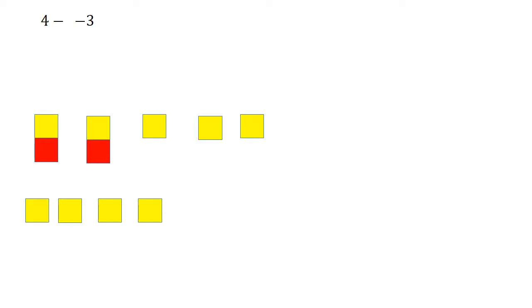And that leaves us with 7 of the yellow tiles on their own. And remember, the yellow tile represents +1, so we have 7. So another way of looking at it is 4 subtract -3 is equal to 4 add +3. So when we subtract a negative, it is the same as adding a positive.